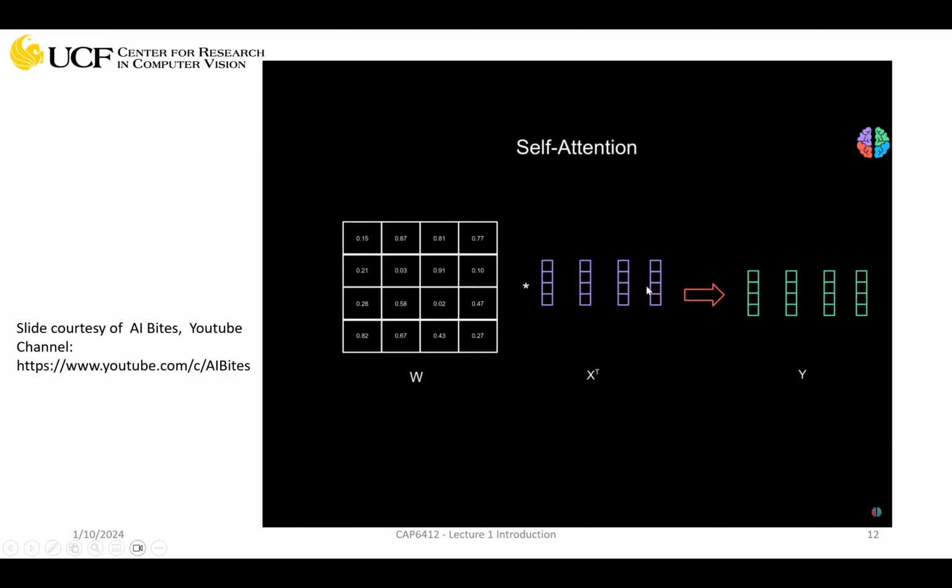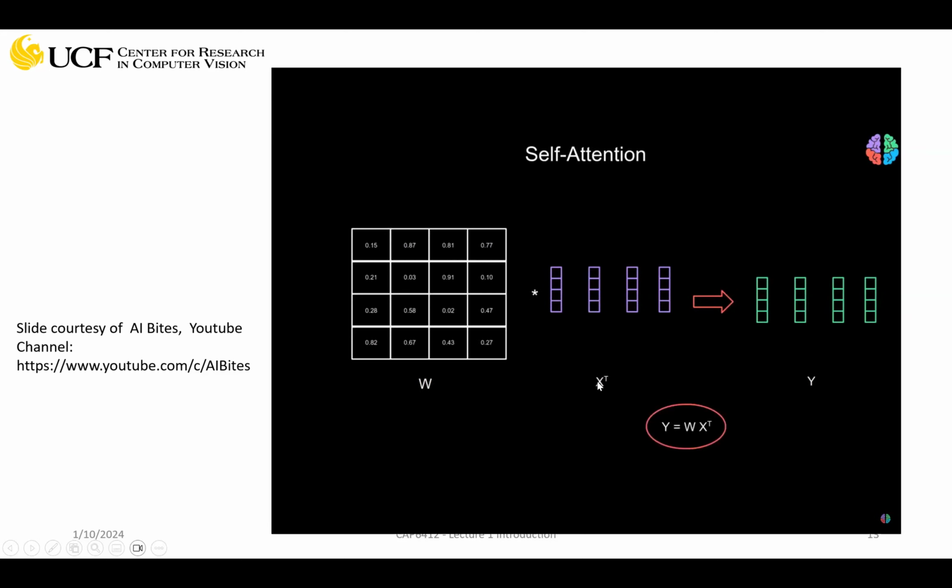We have 4 tokens, x1, x2, x3, x4, and we multiply that with X transpose. Therefore Y becomes this matrix multiplied by X transpose. We started with x1, x2, x3, x4, got how similar each token is to the others, and multiply with that to get a better representation, which is shown in green. That's the simplest idea.